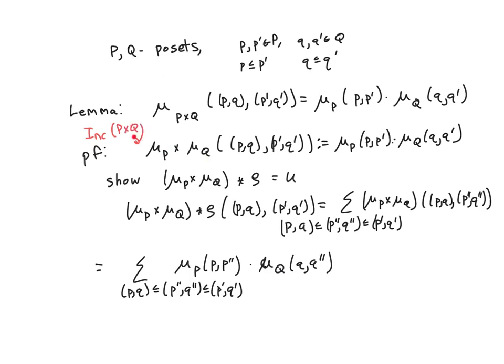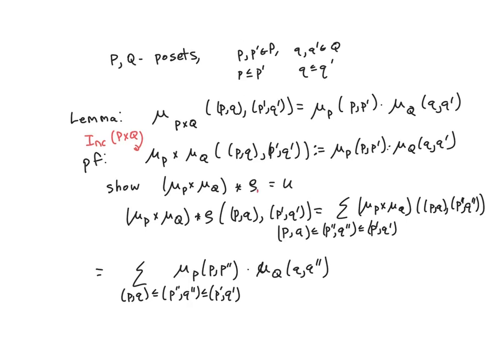I'm going to take the incidence algebra, I'm looking at an interval. What's an interval look like? It's a pair of ordered pairs that are comparable. And so this does make sense. And then what am I going to do? I'm going to show that this function is the inverse of the zeta function.